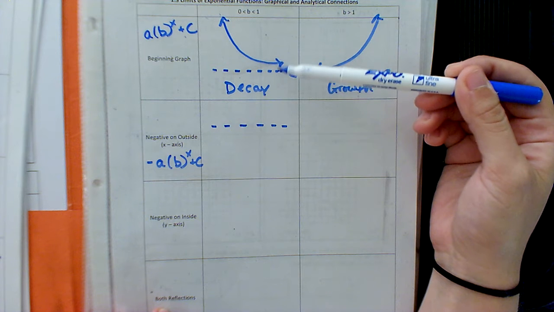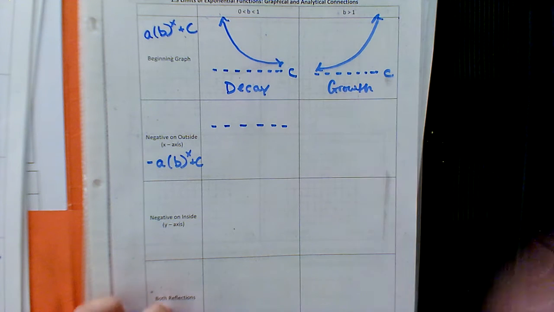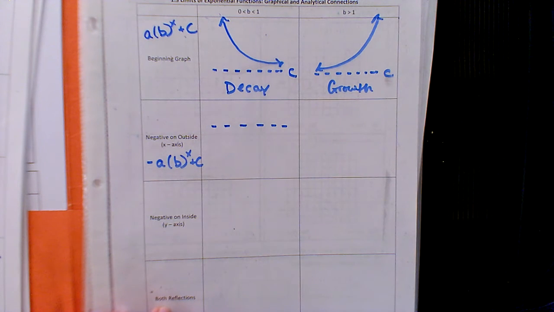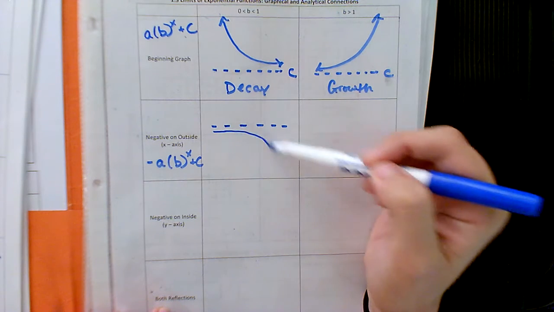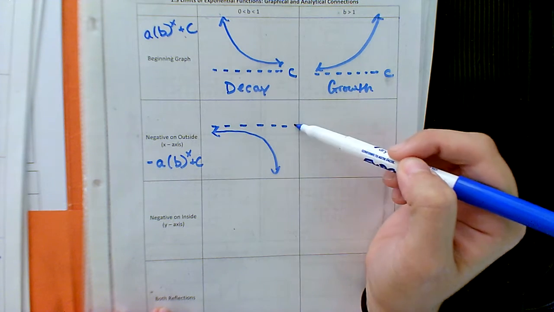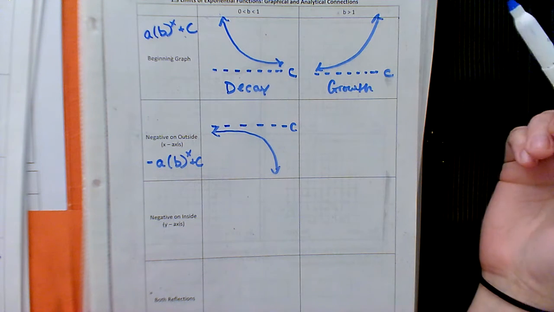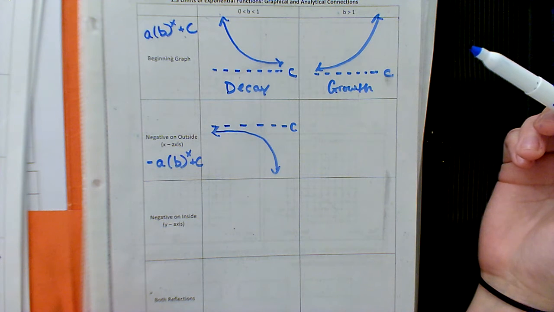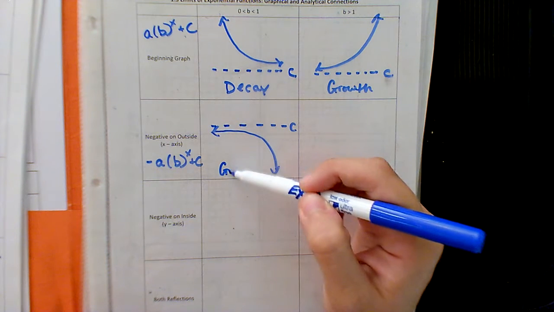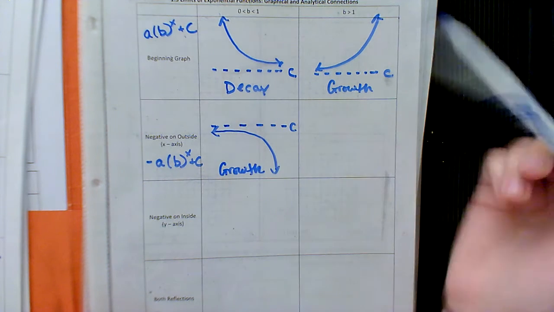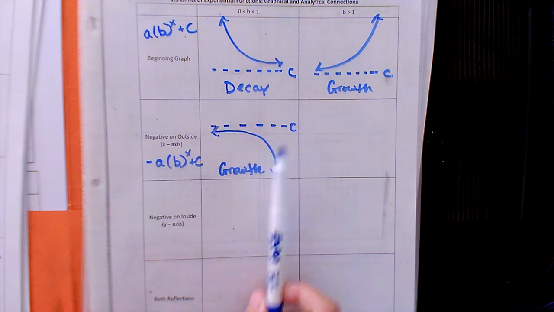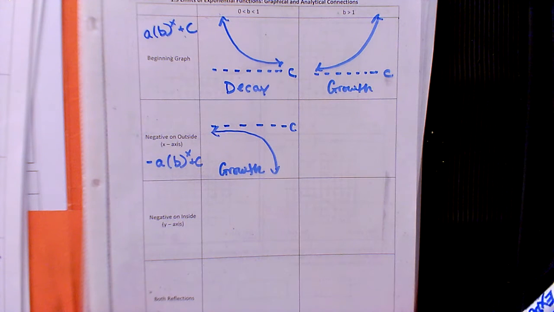The x-axis, which would in turn flip it over the asymptote as well, because the asymptote is horizontal just like the x-axis is horizontal. So if we flip it over, it would now look like that. The horizontal asymptote is still at c, but instead of you being above it, you're now below it because you flipped it. Still decay? No. Change to growth. Yep. As you go to the right, it goes away from the asymptote. Okay, so it's still growth. It's growing down, okay, but it's still growing.